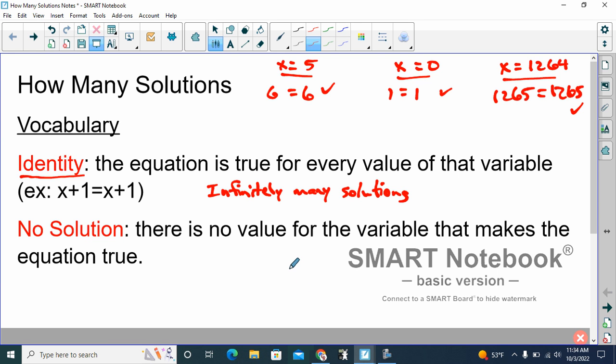That's been the case most of the time, really all of the time. Anything you've done for this class, we've had one solution. It's possible that we have an identity, which would give us infinitely many solutions. And it's also possible that we wind up with no solution at all. And we'll be taking a look at how to tell when we have infinitely many solutions, when we have no solution.